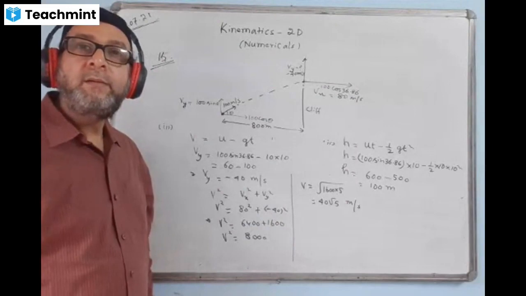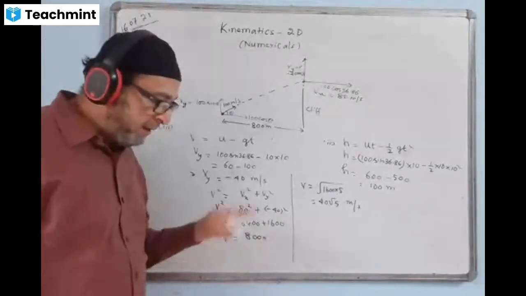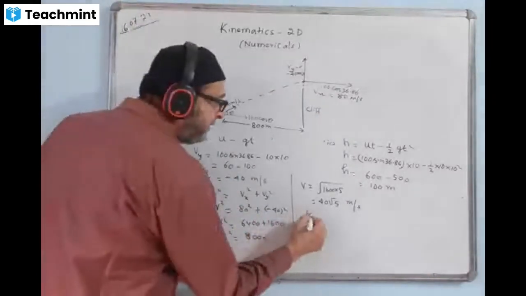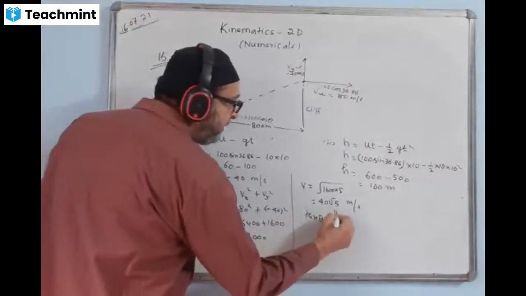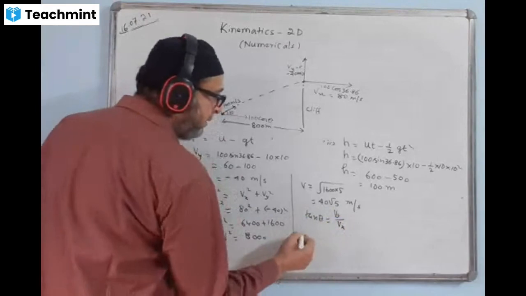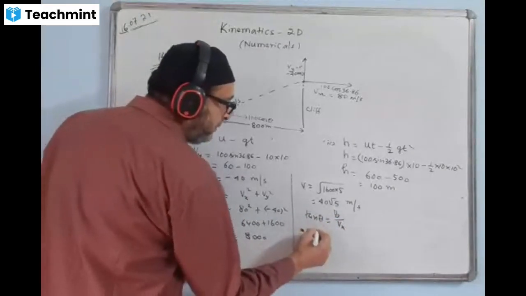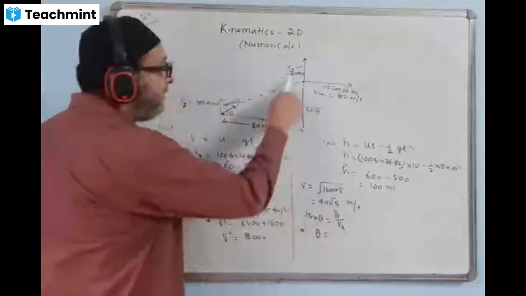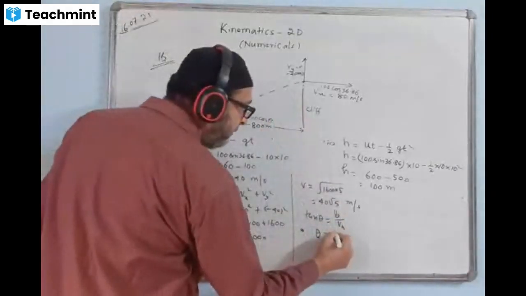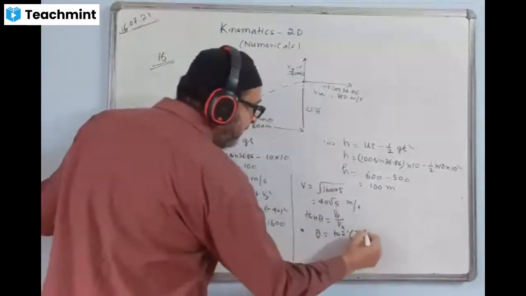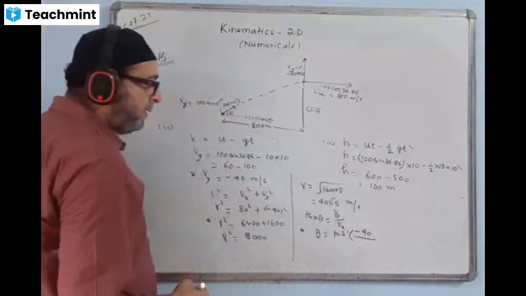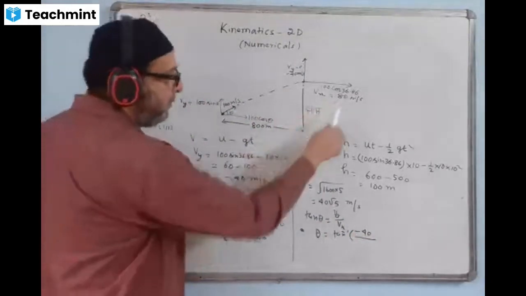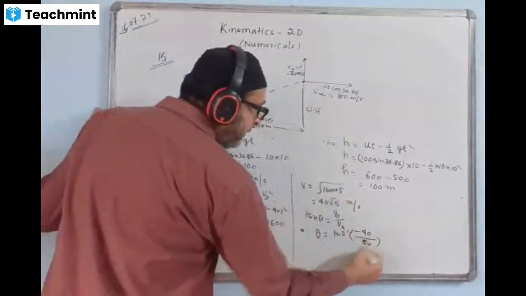Yes, sir. Okay. We'll find the angle also. At what angle it is going to hit? Let us find. You know the formula, tan theta is equal to Vy by Vx. So tan theta, what is the value of Vy? We have minus 40. We'll add tan inverse of minus 40 divided by Vx. What is the value of Vx we have? Vx value is 80.